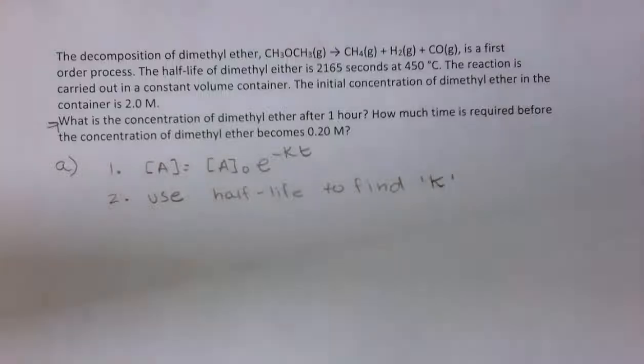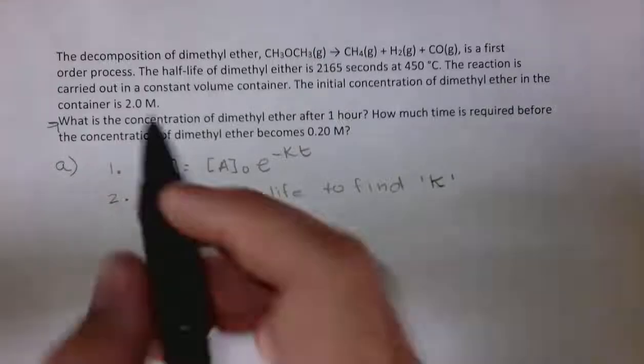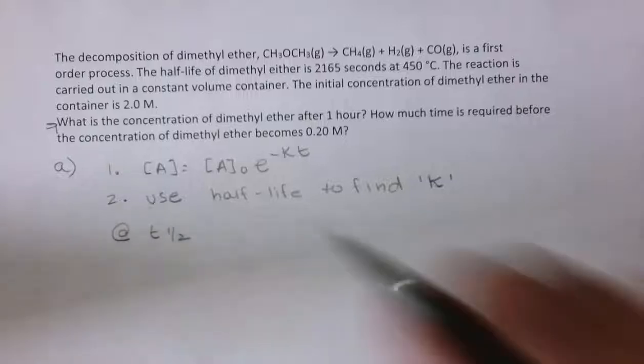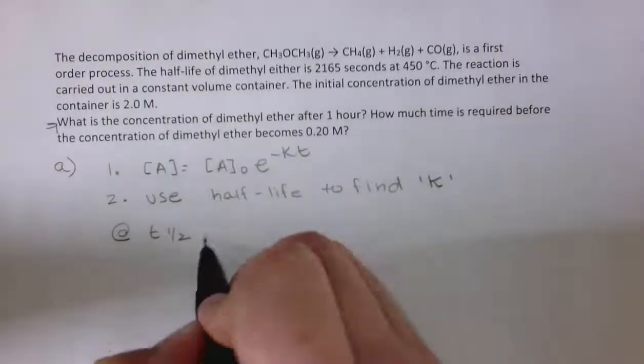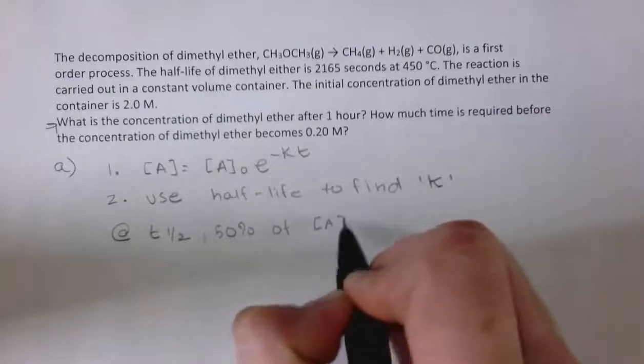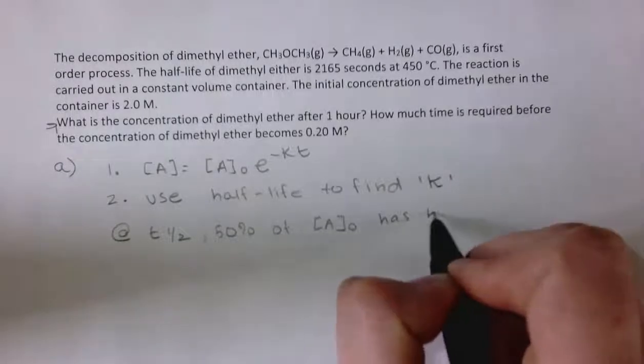So the fact that they give us the half-life will allow us to find K, because we know that at the half-life, which I'll just call T half, 50% of the initial concentration of A has been consumed.